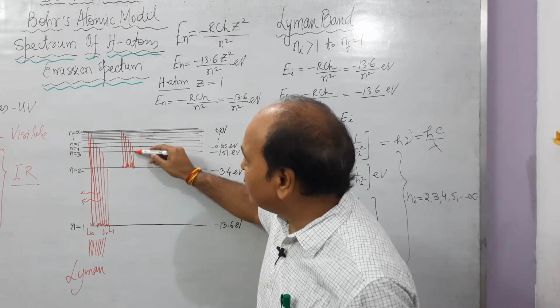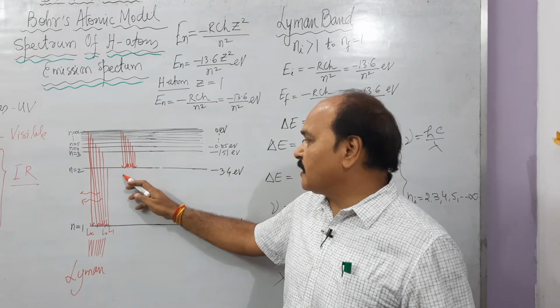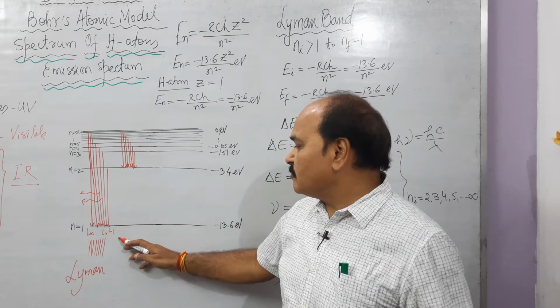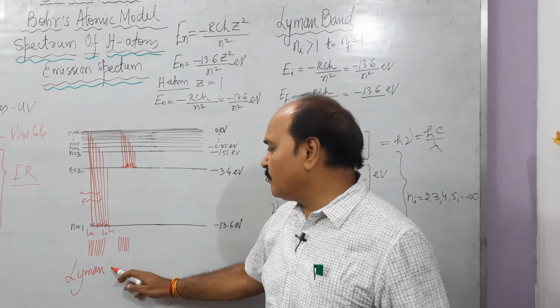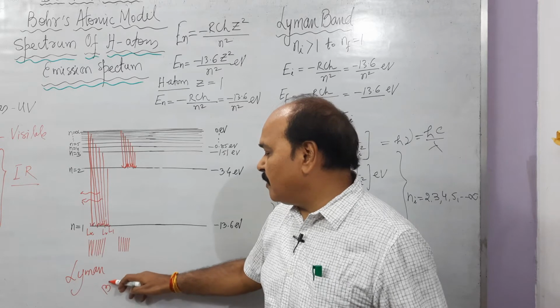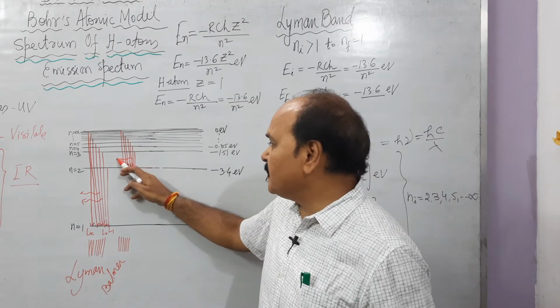From any higher energy state, if the transition takes place to state number 2, we call this Balmer lines, the lines emitted in this transition.